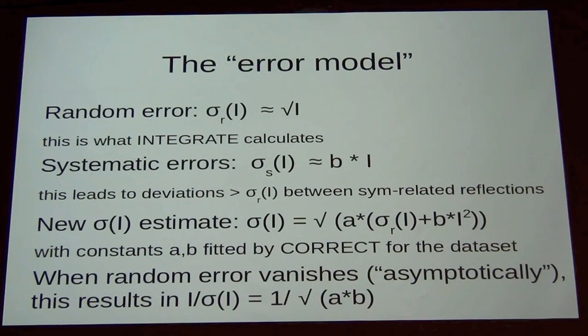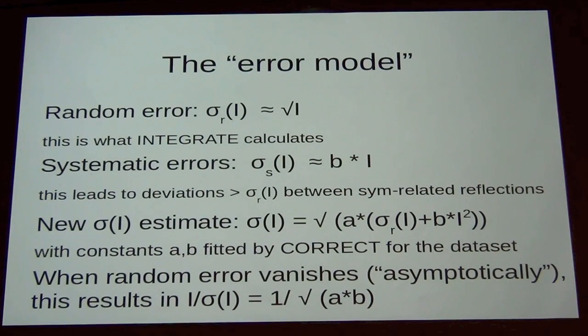Okay, but for every data set, CORRECT fits just two constants, A and B, and they are used in this formula to modify the old random sigmas to give these new adjusted sigmas. And these adjusted sigmas are calculated in such a way that they predict more or less accurately, or at least on average, the existing deviations between symmetrically related reflections.